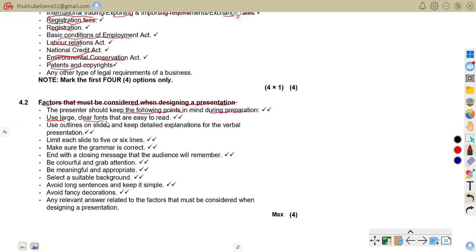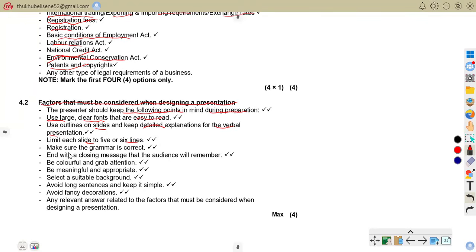Use large, clear fonts that are easy to read so that the audience is not going to find it difficult to read your written words. Use outline slides and keep detailed explanation for verbal presentation. Limit each slide to 5 or 6 lines.